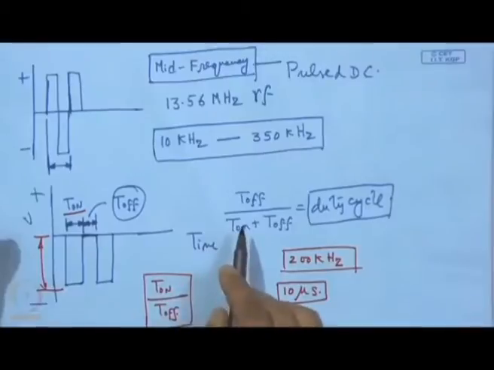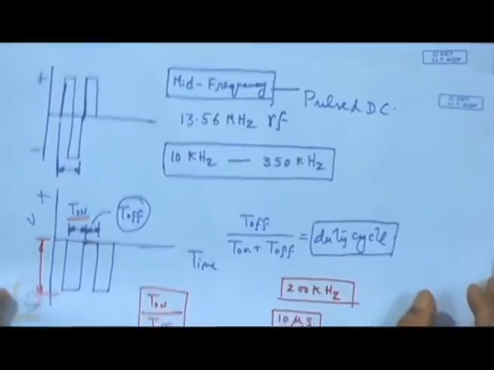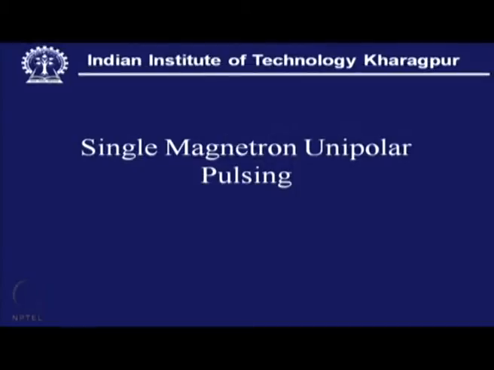Now, with this we can have other variations too. So, this is what we call a single magnetron, that means we have a single cathode and on that this can be applied.